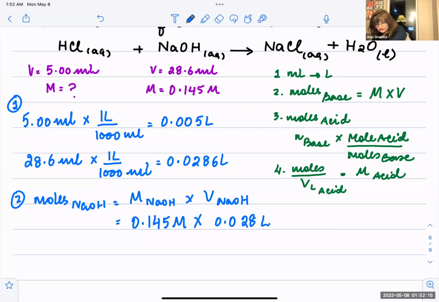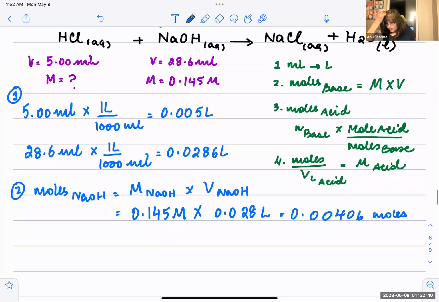Okay, so let's do this. What do you get here? 0.145 times 0.0286, and you get 0.00406 moles. So these are the moles of NaOH.